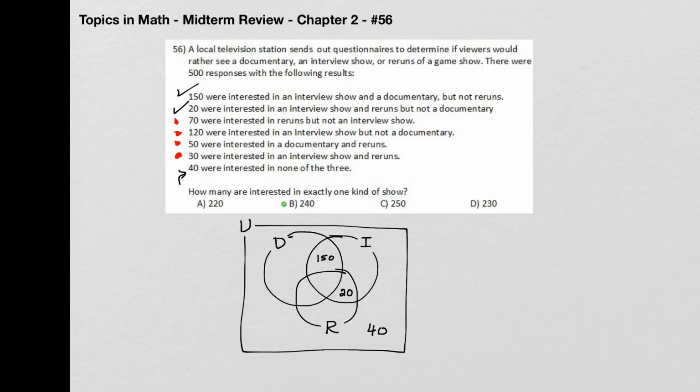So interview, but not documentary. Those were these two sections, and I already accounted for 20 of them. Since there's 120 in these two combined, and we already counted 20, that gives me 100 to go in this section. All right, so now I can check that one off.